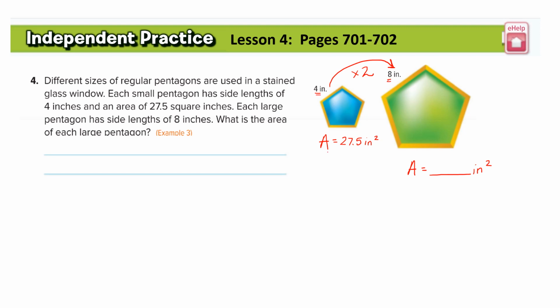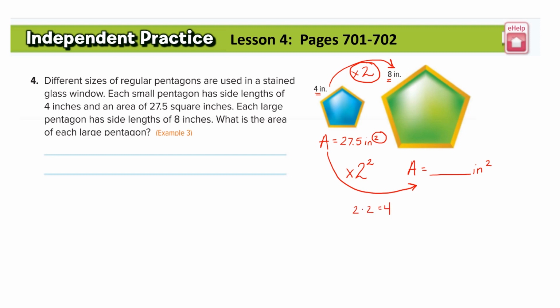To get from area to area, we have a squared unit, so we need to square 2. So we need to multiply by 2 squared, which is 2 times 2, which equals 4.